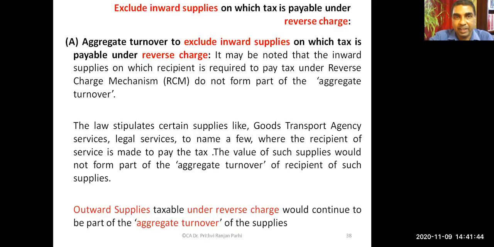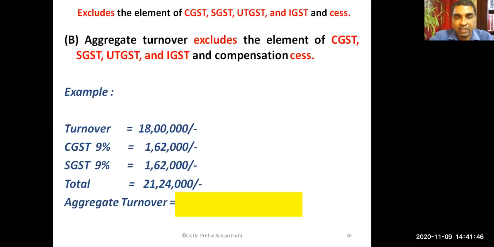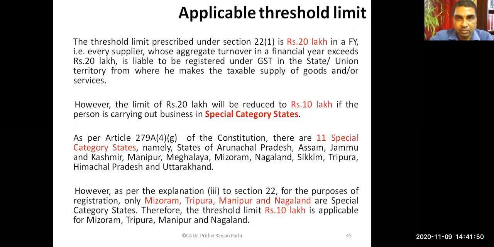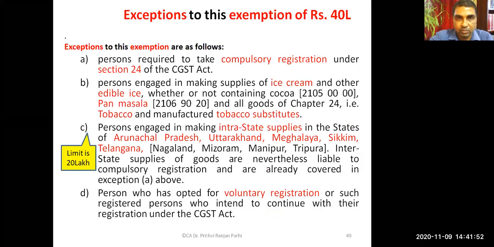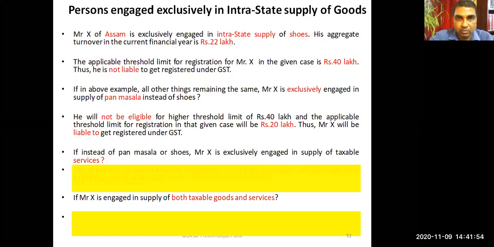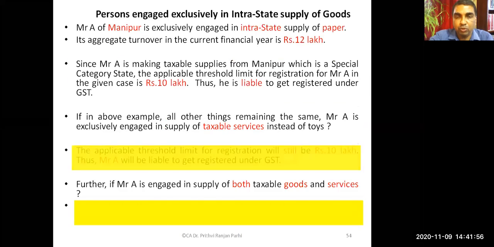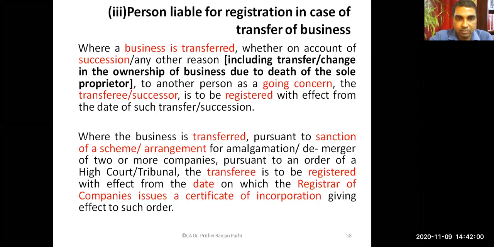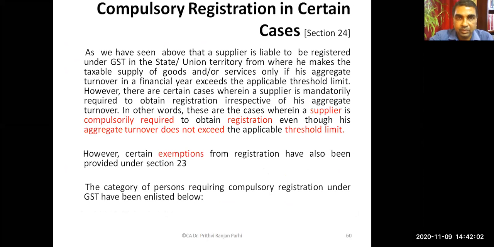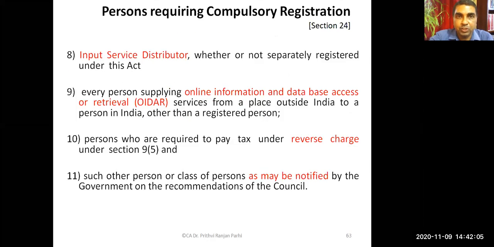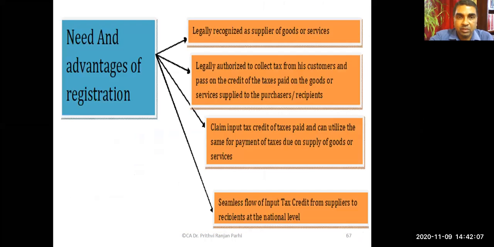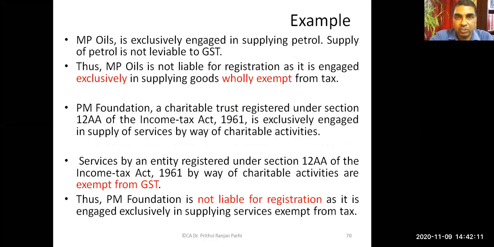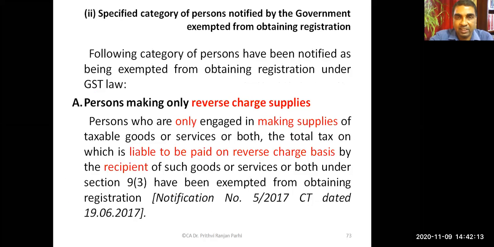We have discussed it several times and done various exercises on it. The concept of compulsory registration, up to this we have already done. Persons not liable for registration, that also we discussed in our earlier classes.